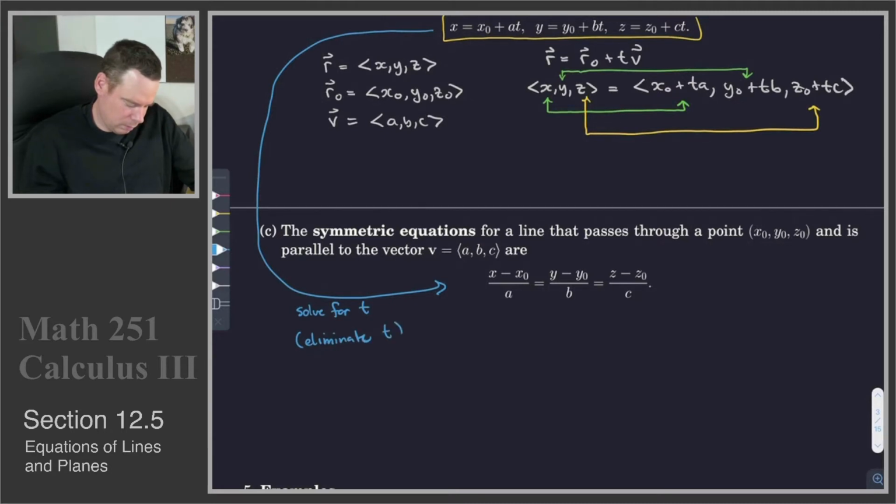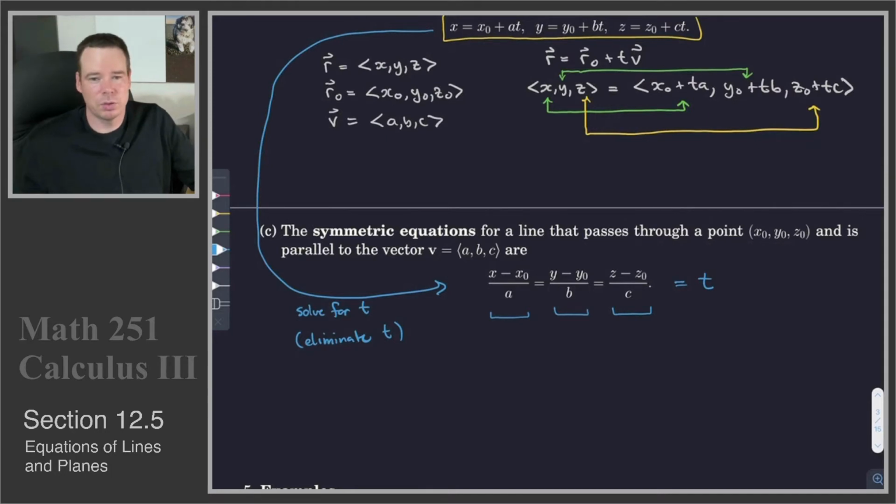t. So in our first equation up above, x equals x naught plus at, if we solve for t, we get x minus x naught over a. And that's this first bit. That's equal to t. And similarly for the second equation, y minus y naught over b is equal to t as well. So each of these things is equal to t. So we could add an equal to t on the end because that's really where the parameter went.